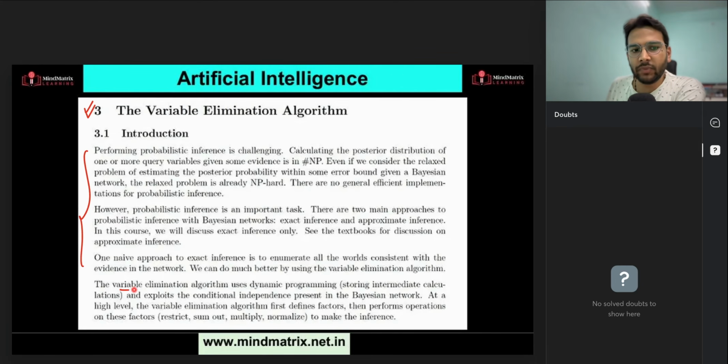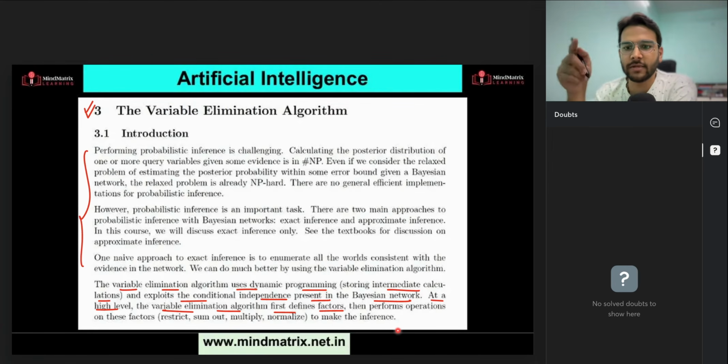But carefully see this. The variable elimination algorithm uses dynamic programming, storing intermediate calculations, and exploits the conditional independence present in the Bayesian network. At a high level, the variable elimination algorithm first defines factors. And we have already seen in the previous examples, when f1 of a, f2 of something, f3 of something, those are nothing but the factors.